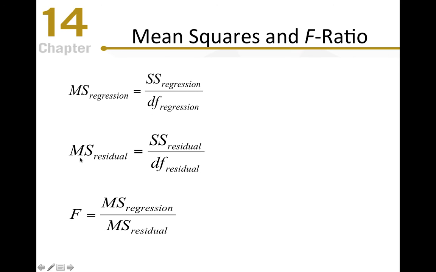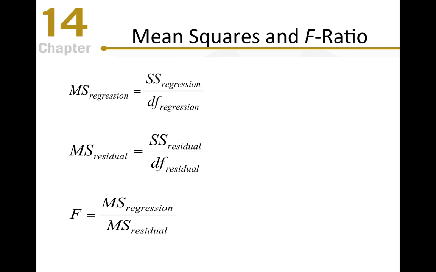For our denominator, we're going to have the sum of squares of the residual over degrees of freedom for the residual. Now, for this residual, it's actually going to be n minus 2. And so the reason for that is because we do have our two variables, and we are needing to allow for all the points within each of those variables to vary freely except for one.